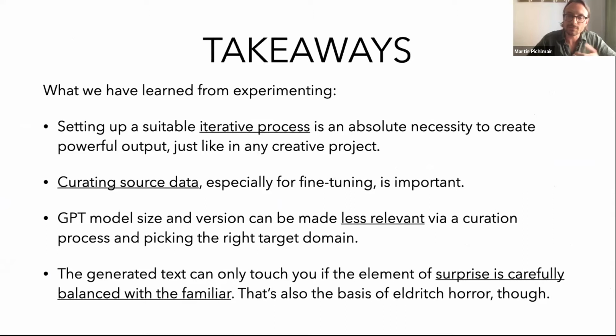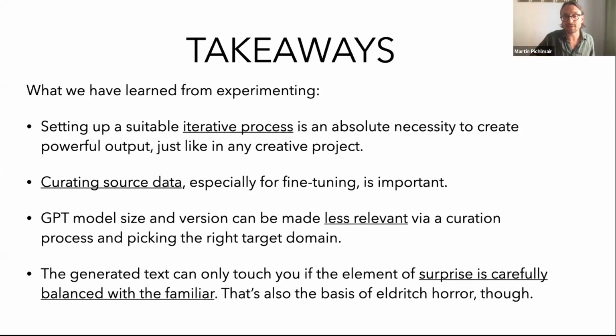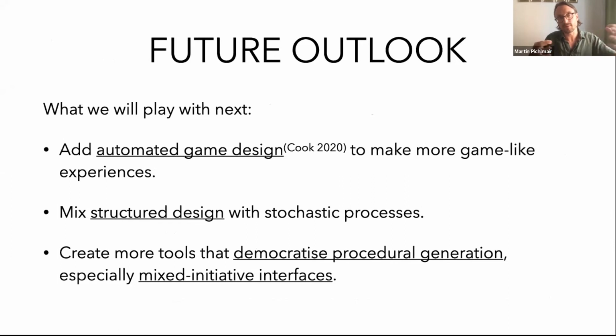Tight iterative processes are very good for reaching a certain level of quality. Creating your source data and really cleaning it up is super important. Which GPT model size you use for a project like Tiferet is really not that relevant. Curation is much more important. Carefully balancing surprise and familiarity is what actually connects with the everyday life of people.